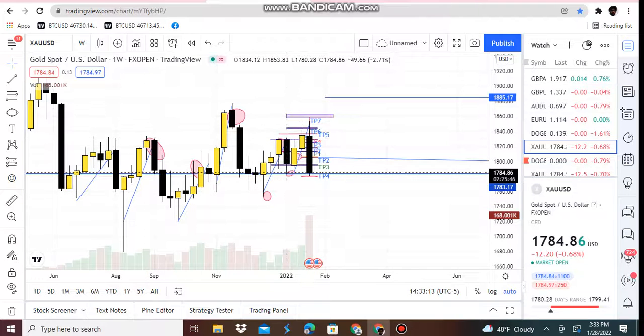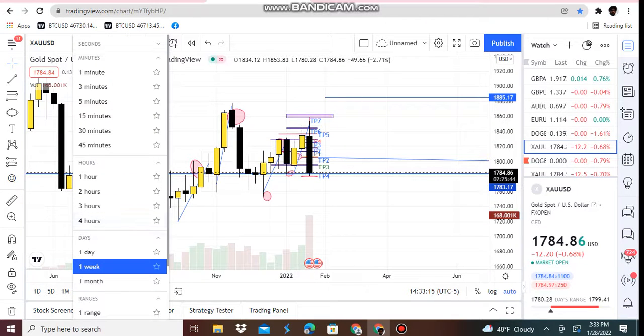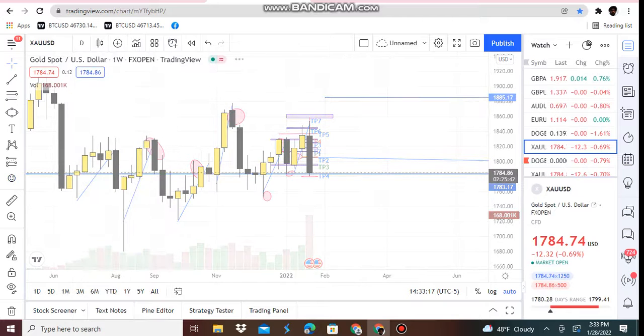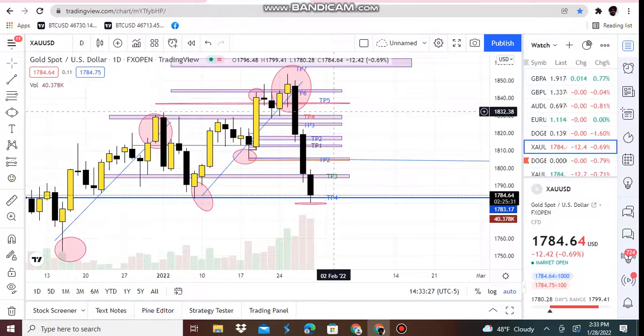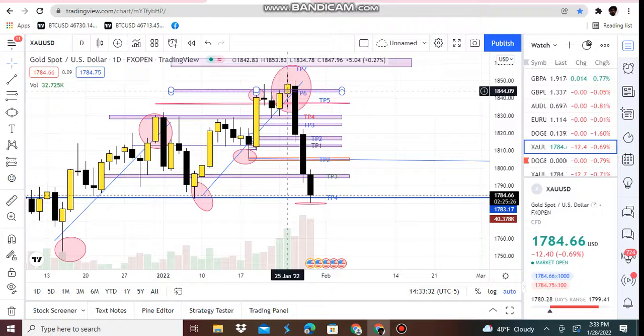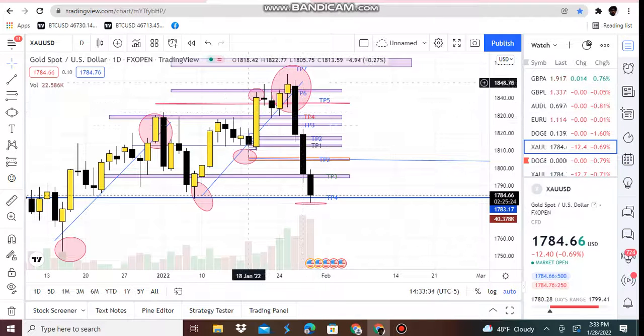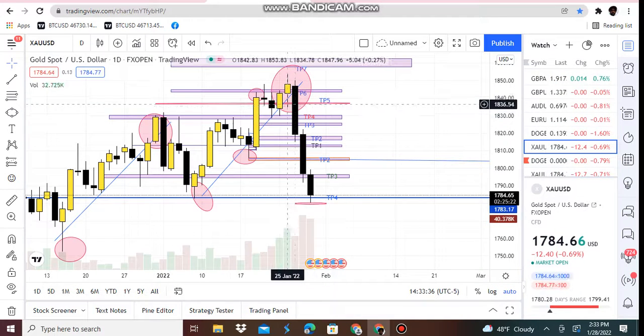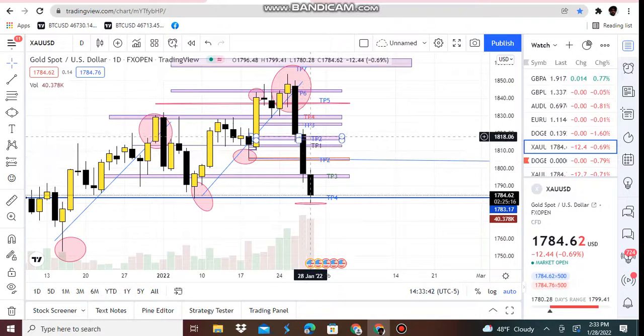The weekly will let you know that, the daily will let you know that, the 4-hour will let you know that, and it will show the overall direction of the trend. We trade with the overall direction of the trend, and we look at it on a higher time frame, the 4-hour and the daily.